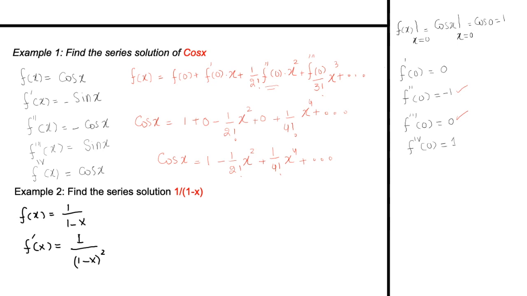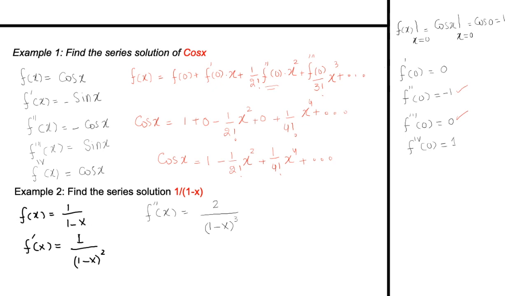The second derivative of the function will be equal to 2 divided by (1 minus x) cubed, and so on.